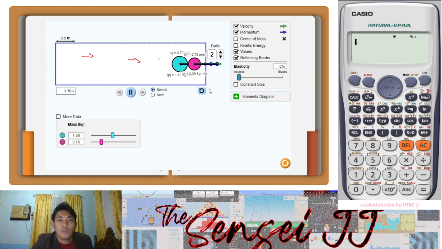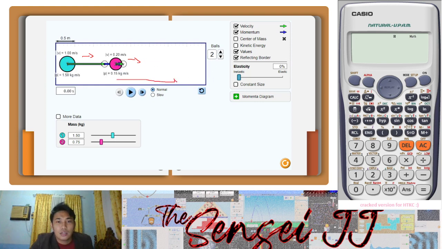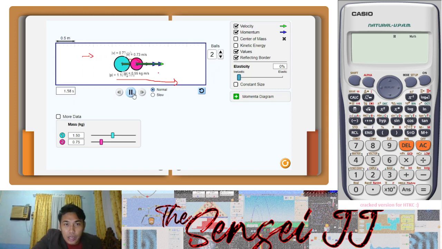So you see, they move to the right in the same direction. And the velocity is the same, 0.73, 0.73, but the momentum is different. But still, the mass is constant.